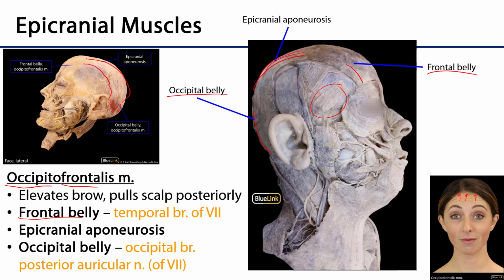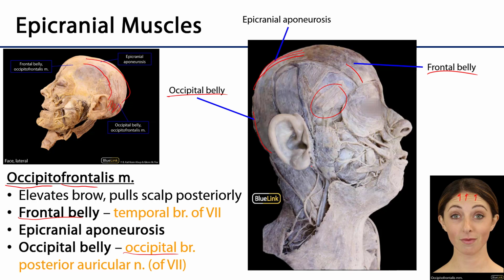It's probably quite typical. The interesting thing is that that occipital belly is innervated by a different set of branches versus the frontal belly. So that occipital belly is innervated by an occipital branch of the posterior auricular nerve of the facial nerve.